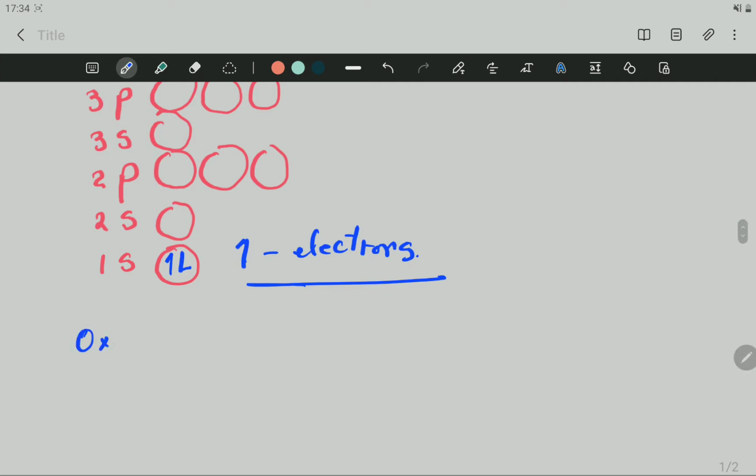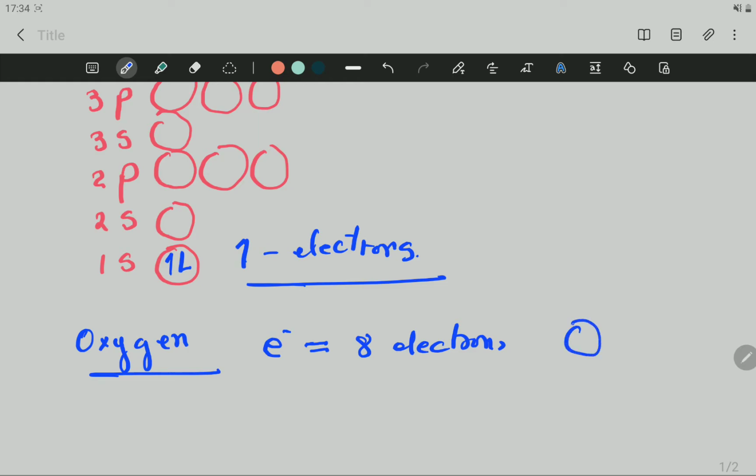For oxygen, the first thing we need to know is how many electrons it has. Oxygen will have 8 electrons in a neutral atom, and the symbol is O. So let's start with oxygen. We have to place 8 electrons.